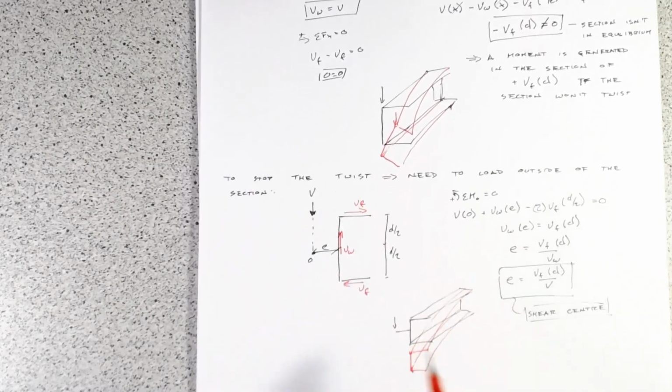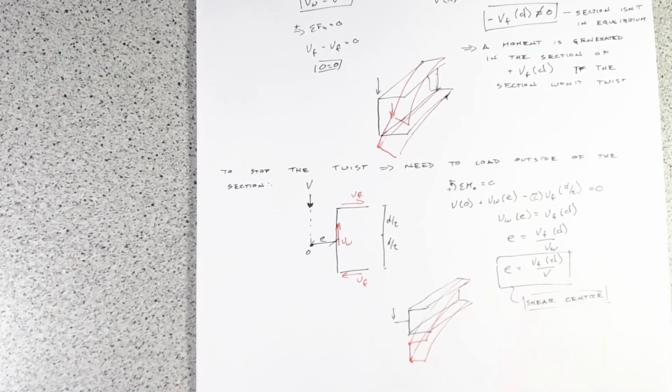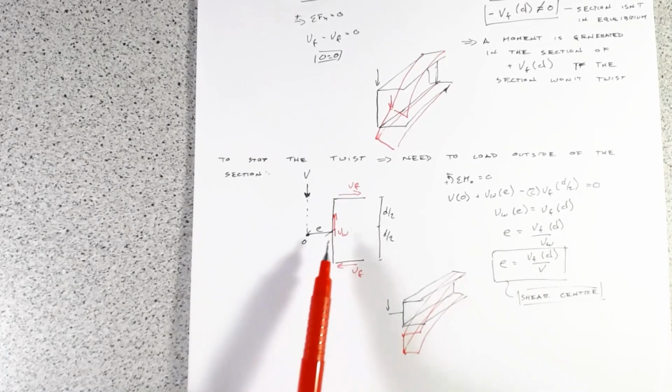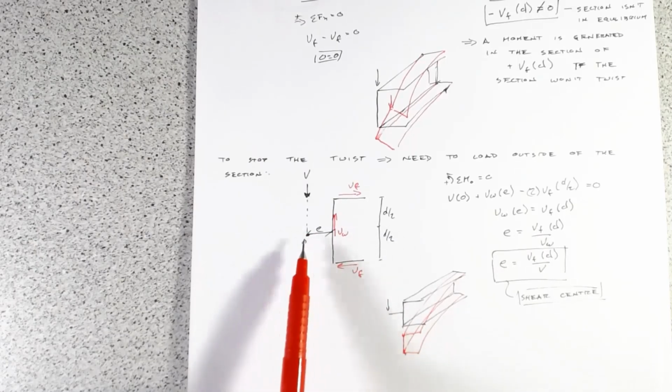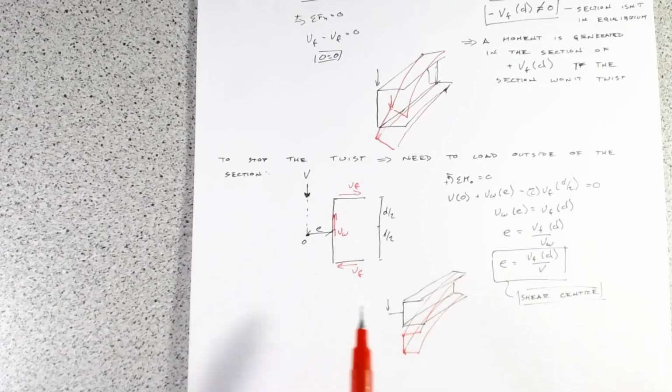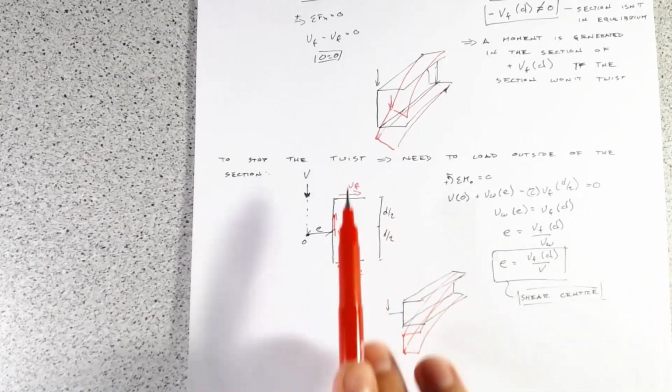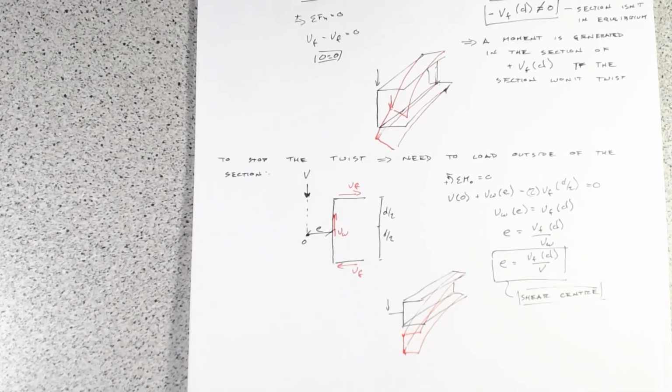And with that stability, it's really this concept of shear center: how far or where you have to load your section in order to keep it from twisting so that it will just deflect down nice and straight. So that's going to wrap up our little module on shear flow and shear center.